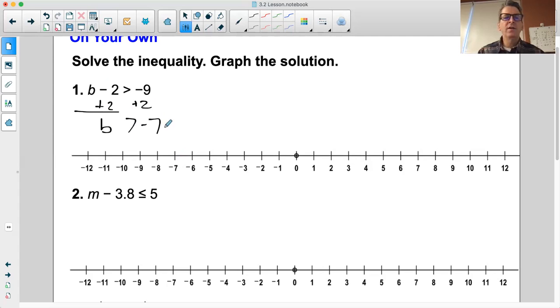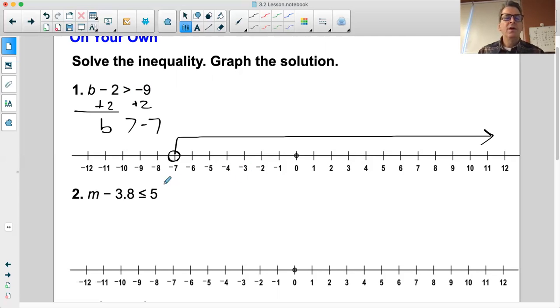So we're not including the negative 7. We're going to have a circle at negative 7, and then graph everything greater than that on our number line. If you were to check a number here, I like 0. 0 minus 2 is negative 2, and that would be greater than negative 9, so that checks out.